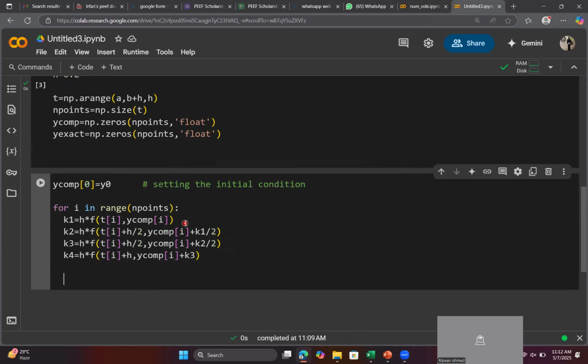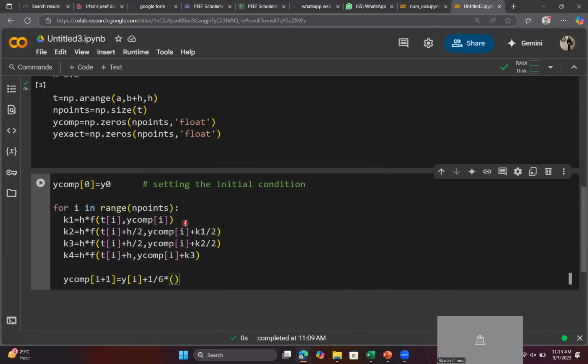And then the next estimate, y computation of I plus 1. So started from I0, this will be the first one. So I write here yi plus 1 equals H divided by 6 times. Please don't forget to write times here, right?